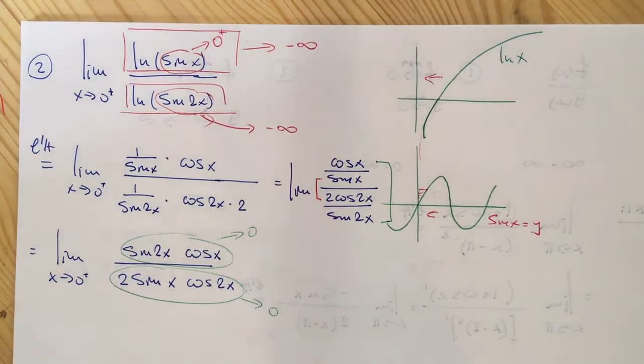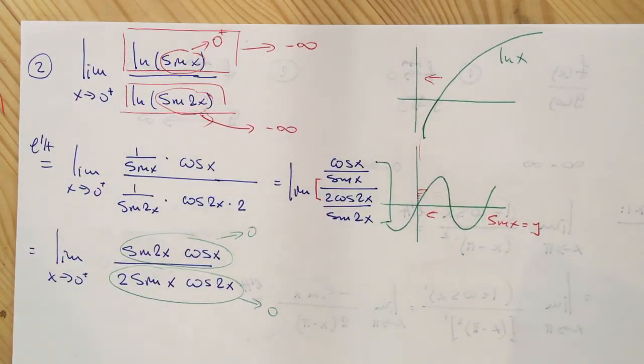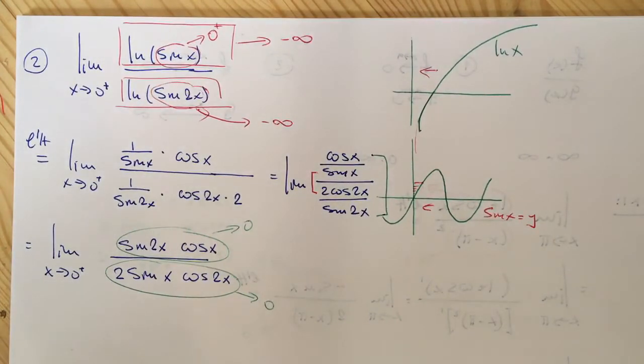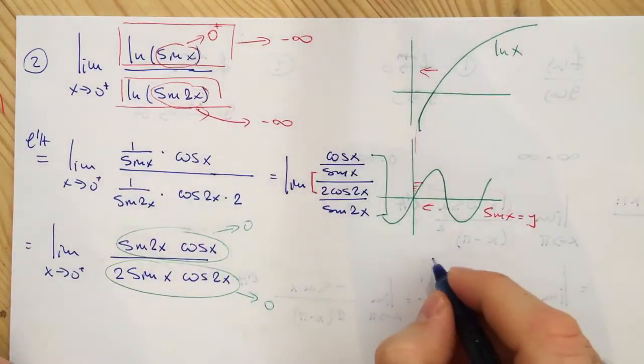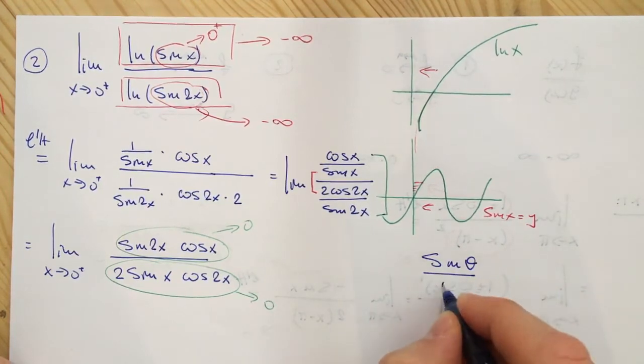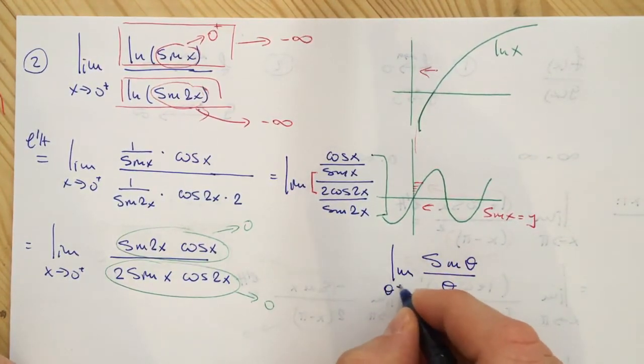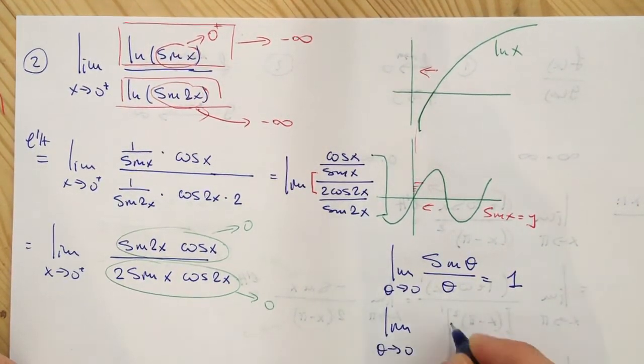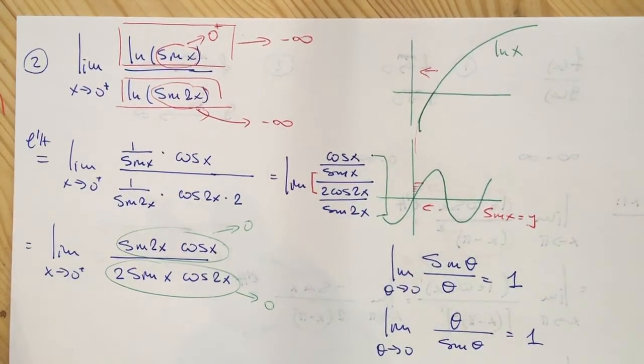Now this is a perfect example where applying L'Hopital's rule certainly will work, but it's going to be more difficult to use L'Hopital's rule in this case rather than using the knowledge that we have on how to solve these limits from Cal 1, especially the limit of sine of theta over theta as theta goes to 0, which is equal to 1, and the limit of theta over sine of theta as theta goes to 0 also being equal to 1.